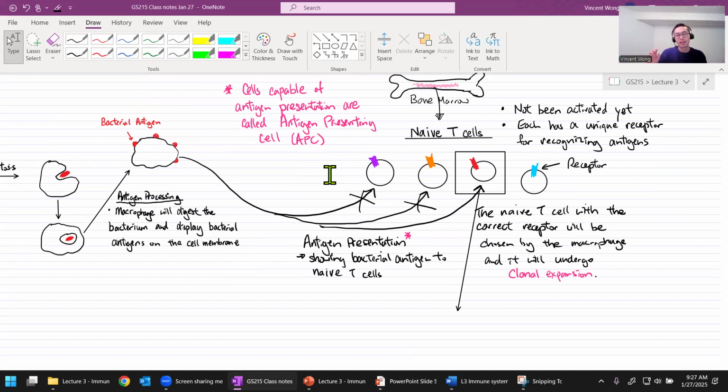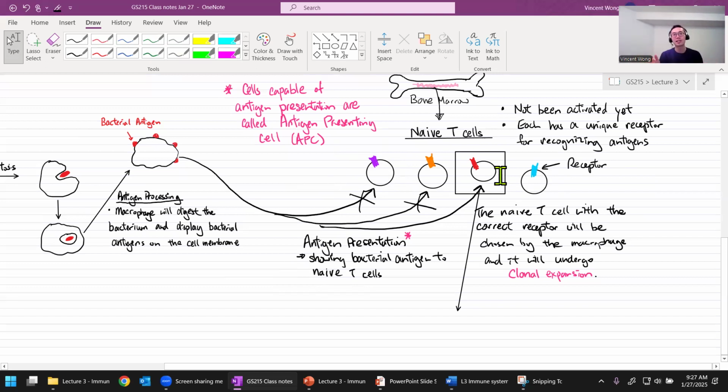But in reality, if you make the purple one and the purple one didn't get chosen, then it's going to die off, right? So then you will replace it with another one. And this pool of naive T cells, the population is always changing. So it's possible for you to be infected by the red bacteria, but you don't have a naive T cell with the red receptor at this moment.